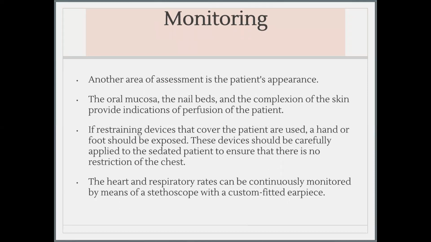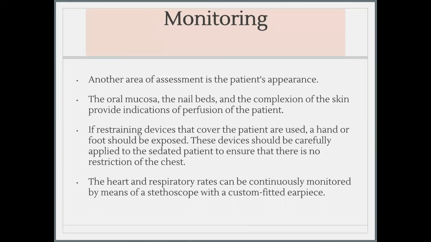Another area of assessment besides the monitoring device is the patient's appearance. The oral mucosa, the nail beds, and the complexion of the skin provide indication of perfusion of the patient. If restraining devices are used that cover the patient's hand or foot, a hand or foot should be exposed. These devices should be carefully applied to the sedated patient to ensure that there is no restriction of the chest.